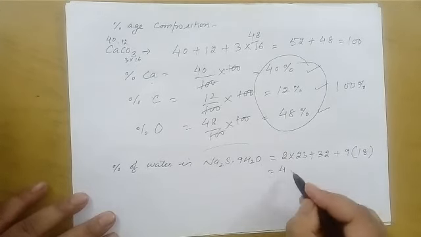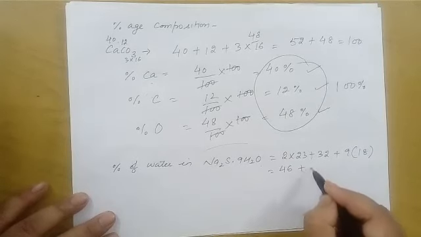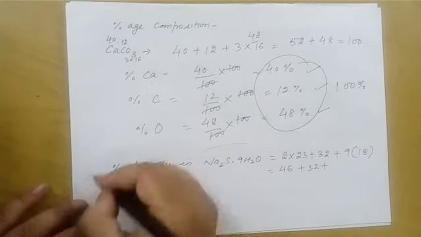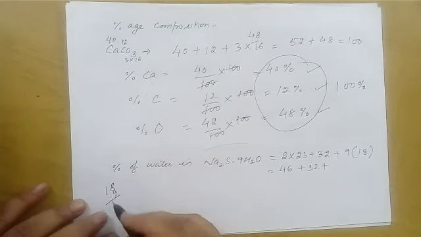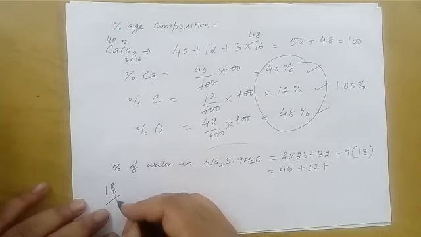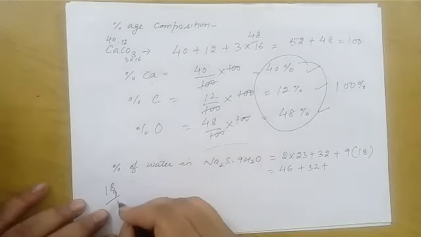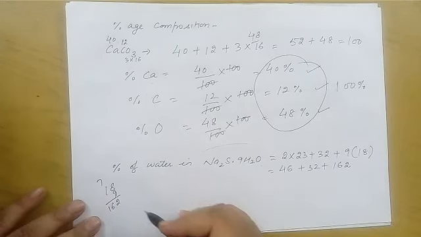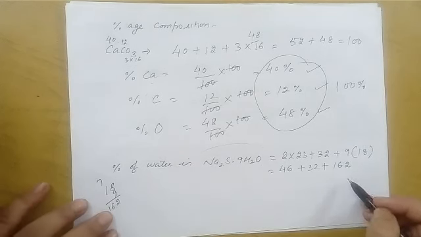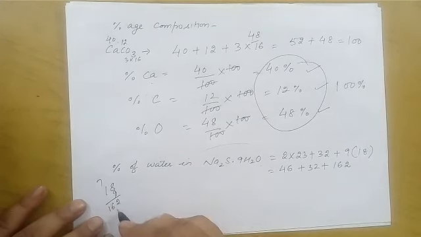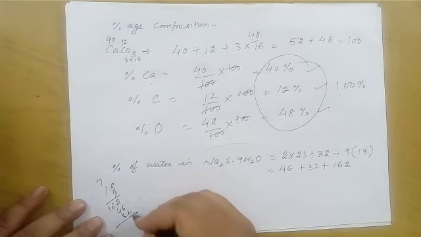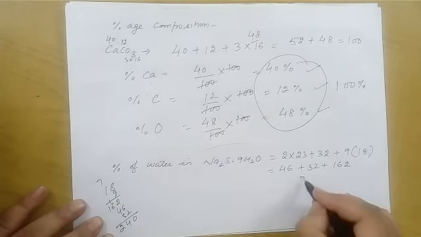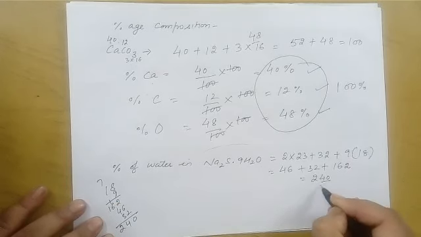You have 46, 32, 10 into 18. 8 nines are 72, then you have 180. So 46, 32, 180 and this comes as 258.